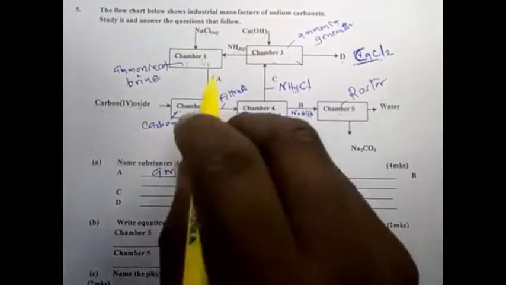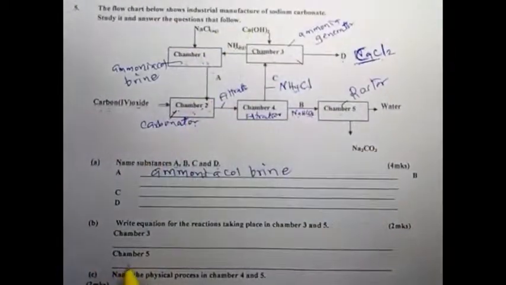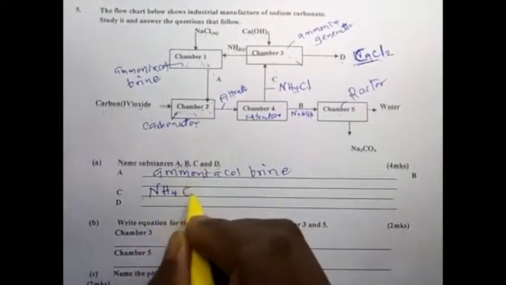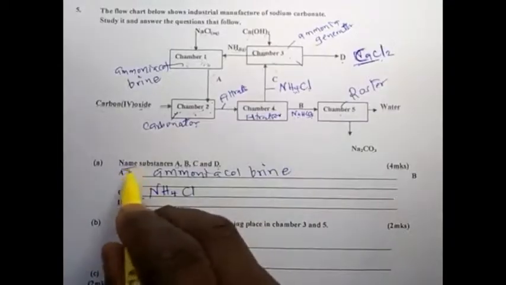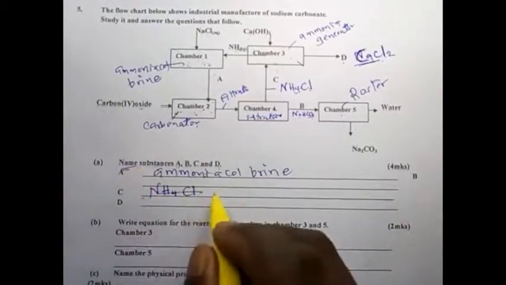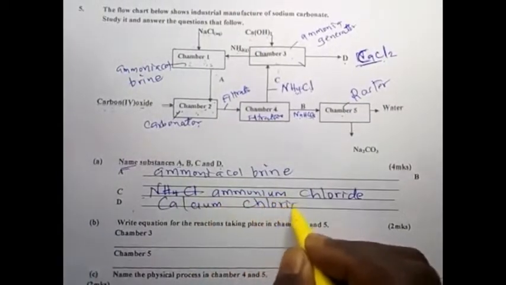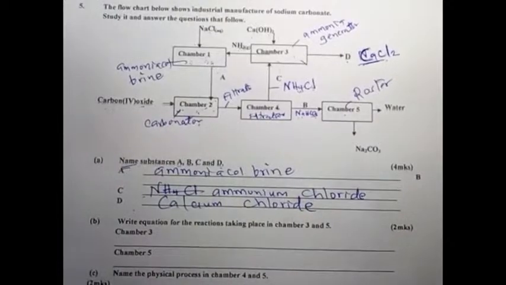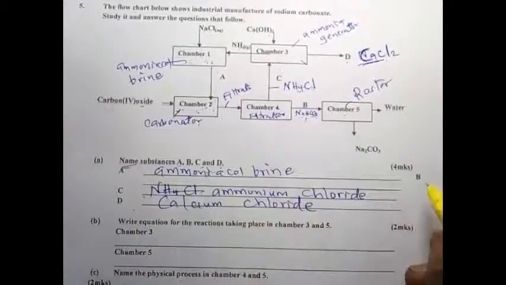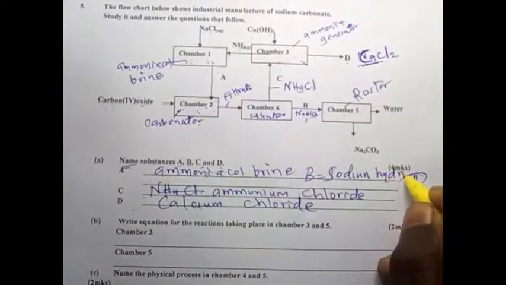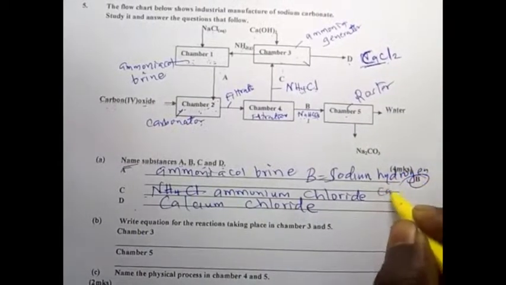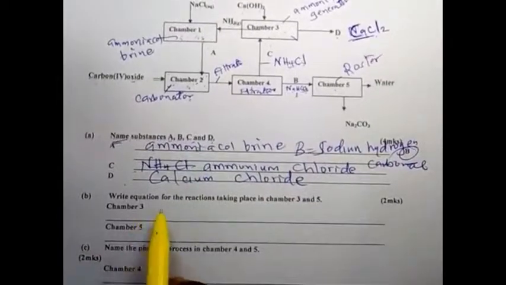Ammoniacal brine is a mixture of ammonia and sodium chloride. You are asked for the name, therefore you should give the name. C is ammonium chloride, D is calcium chloride. B is sodium carbonate. Score your marks.